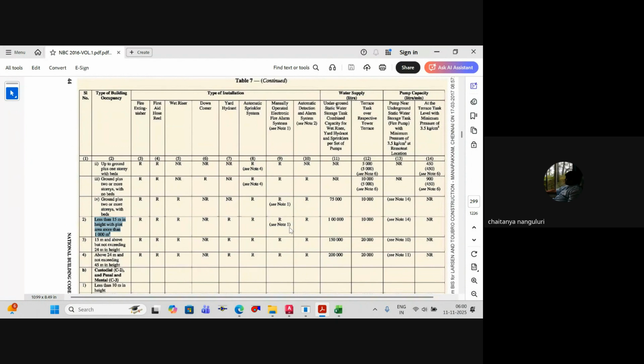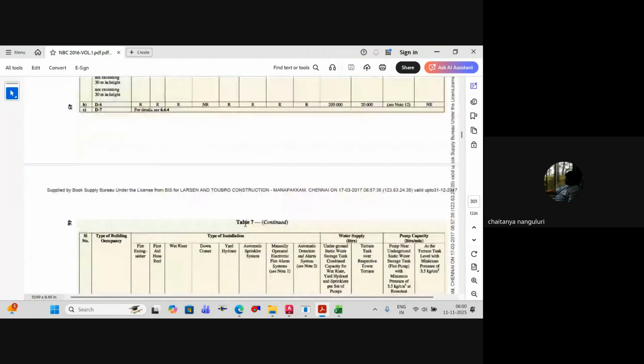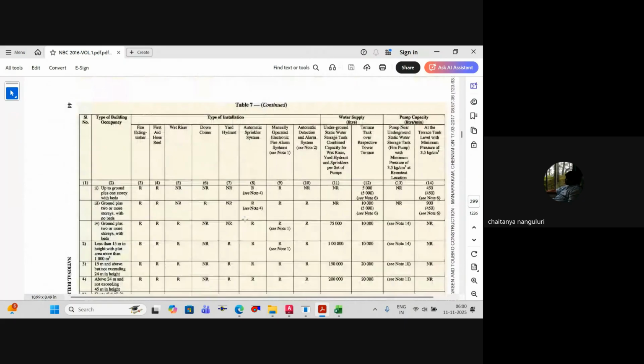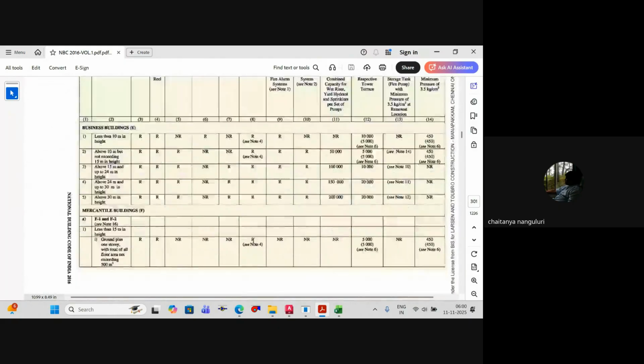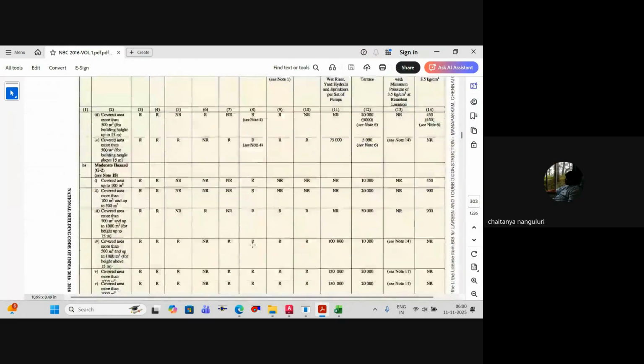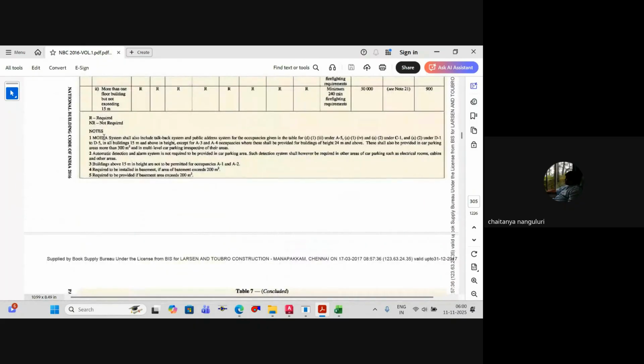Note 1. So manually operated electronic alarm. Of course, when this is required, you can directly take it as R. Note 1 probably says, what is the page number? I remember. Page number 299. Note 1 says, the system shall include a talkback system and public address system for occupants, given in table 1 to 3.